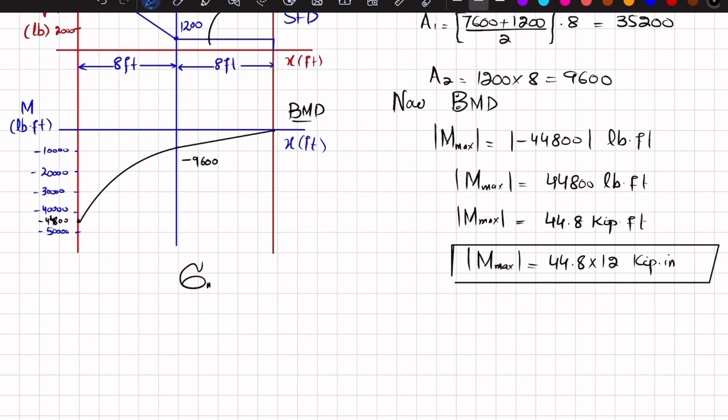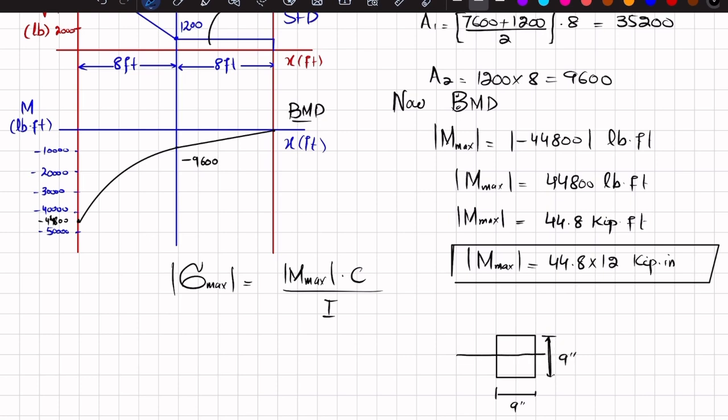And we know that the maximum absolute value of bending stress is equal to maximum bending moment into C divided by I. Since we have been given a square cross section of 9 by 9, this is 9 inch and this height is also 9 inch. So we will find the moment of inertia for this beam, and if we take half of this, that will be the neutral axis, NA. For this, I for a rectangle or square is 1/12 bh cubed.